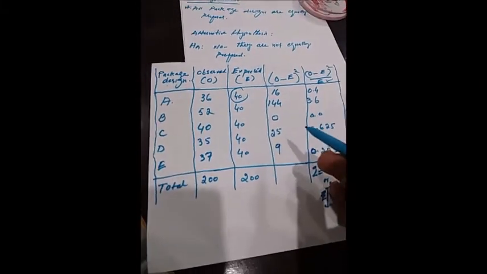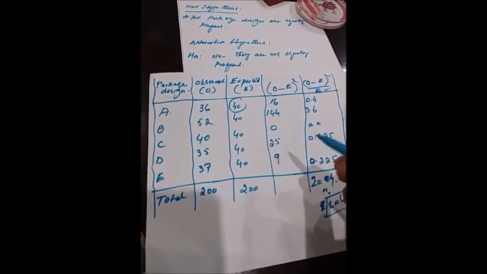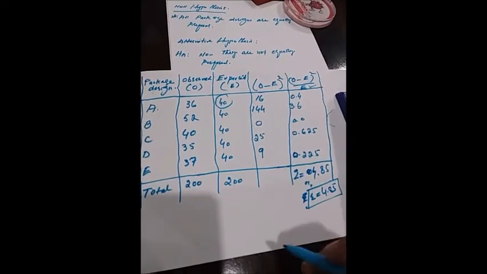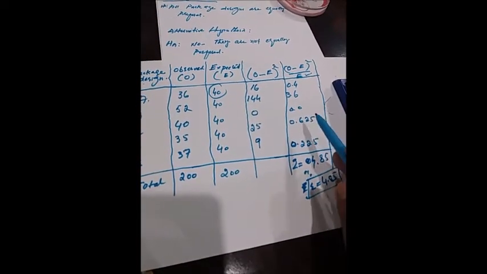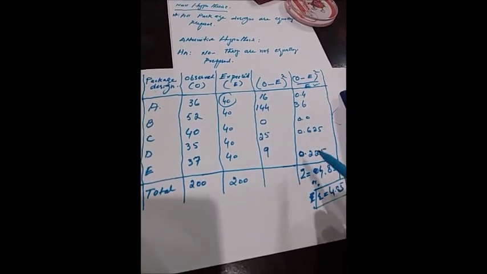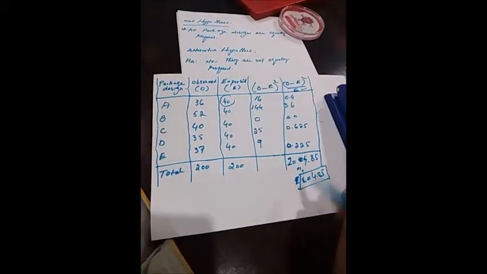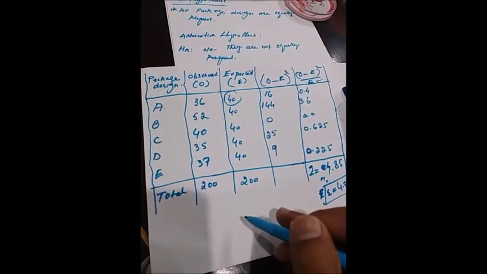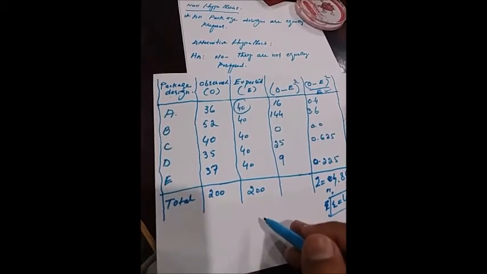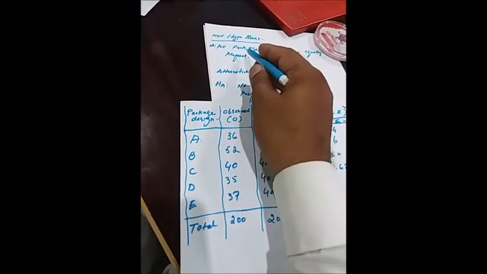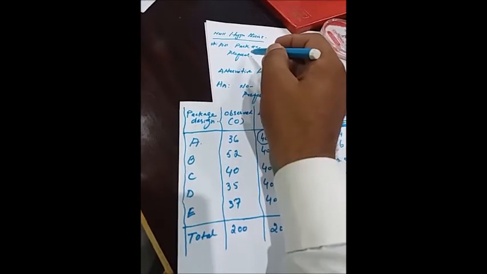We try to resolve this through the goodness of fit test. The sum of observed minus expected whole square divided by expected values is 4.85. Now the decision rule will be applied for making the decision, to accept either the alternative hypothesis or the null hypothesis.